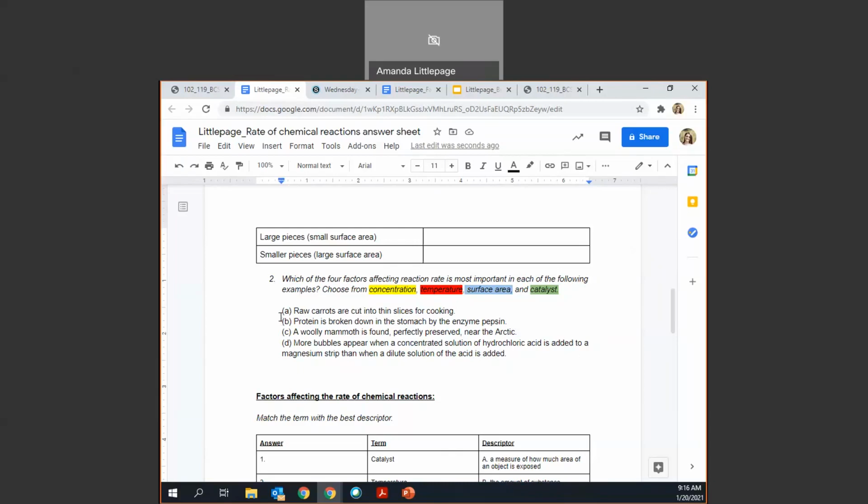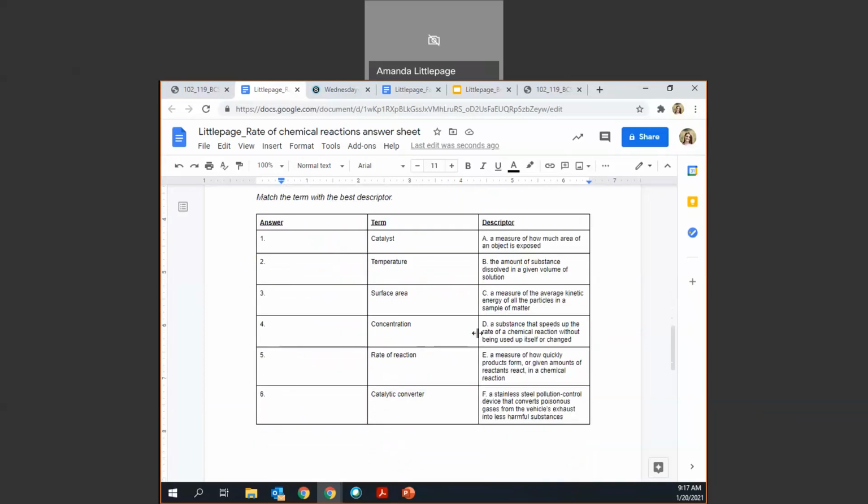And then the last one, D, more bubbles appear with a concentrated acid solution than with dilute acid. So that would be concentration. So D should be yellow. C is temperature, so C should be in red. B is a catalyst, so B should be green, and surface area should be blue for letter A.